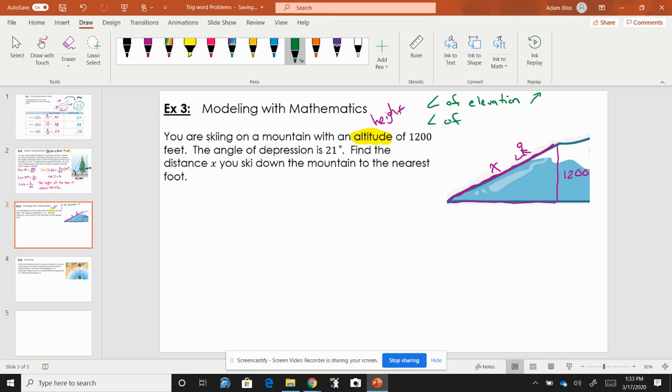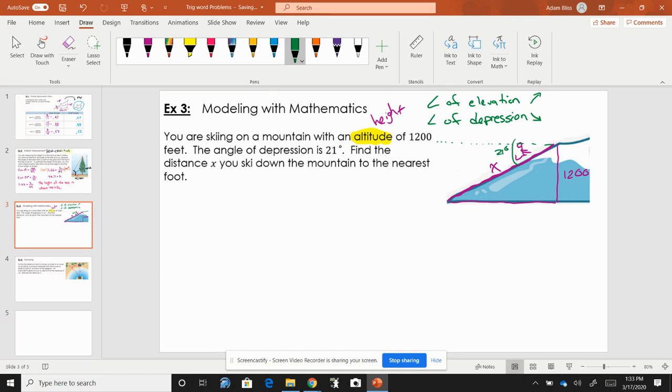Angle of depression, your eyes are going to go down. So you got to imagine you're the skier. Right? This skier is having an angle of depression. So usually we look straight ahead like that, but his eyes are going down. So that's going to be 21 degrees there. Right? So this angle of depression of that angle is 21 degrees.